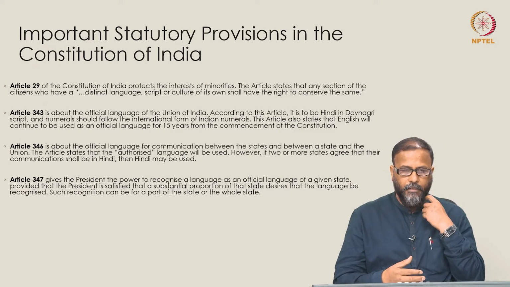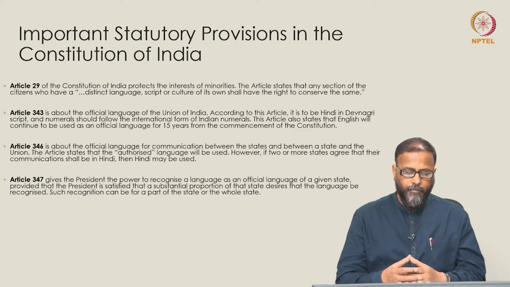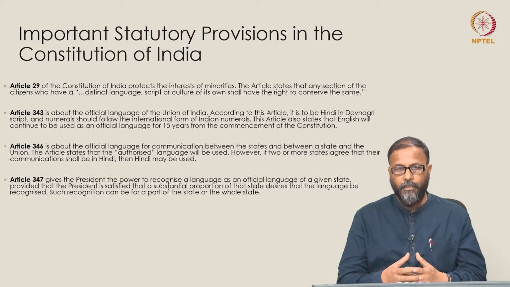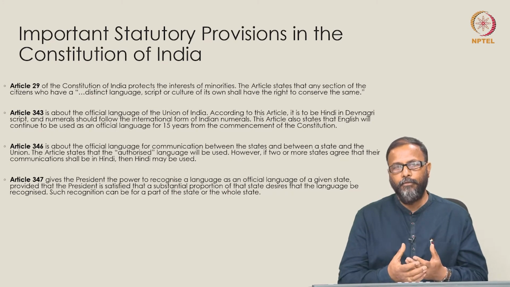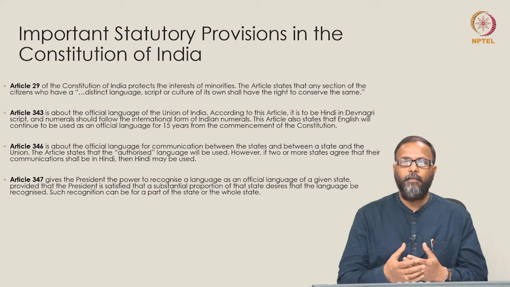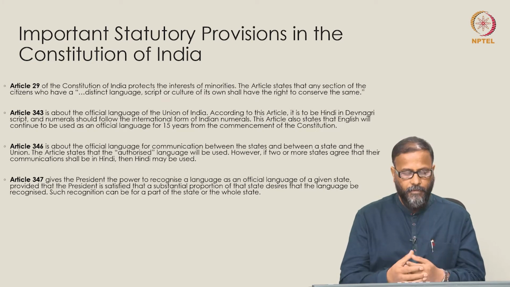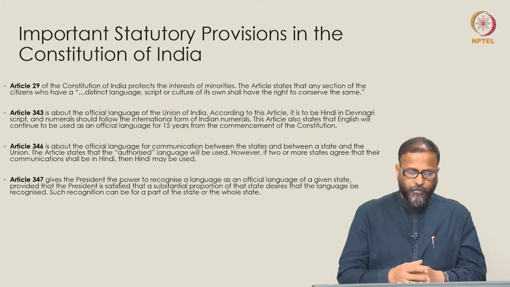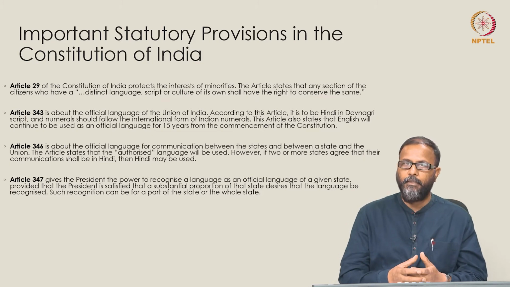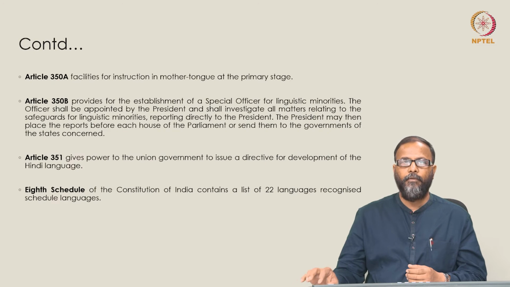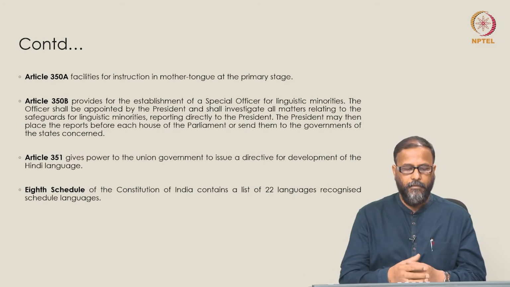Similarly, Article 347 gives the President the power to recognize a language as official language of a given state. So, when the state assemblies pass their resolutions, it comes to the President and he approves, and it is gazetted and notified. Such recognition can be for a part of the state or the whole state, depending on what kind of resolution has been adopted and sent.